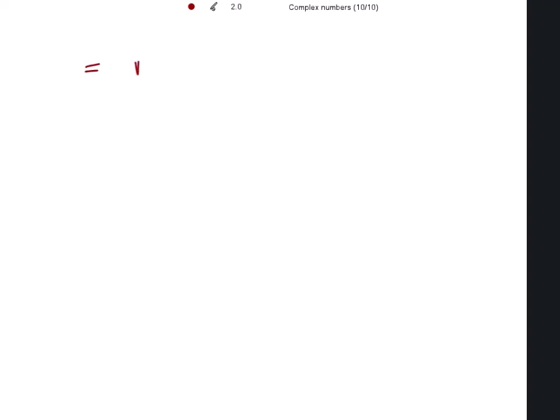So what is r? It is square root of a square plus b square, the power m by n, 2 cos of m by n into theta. What is the value for theta? It is tan inverse b by a.